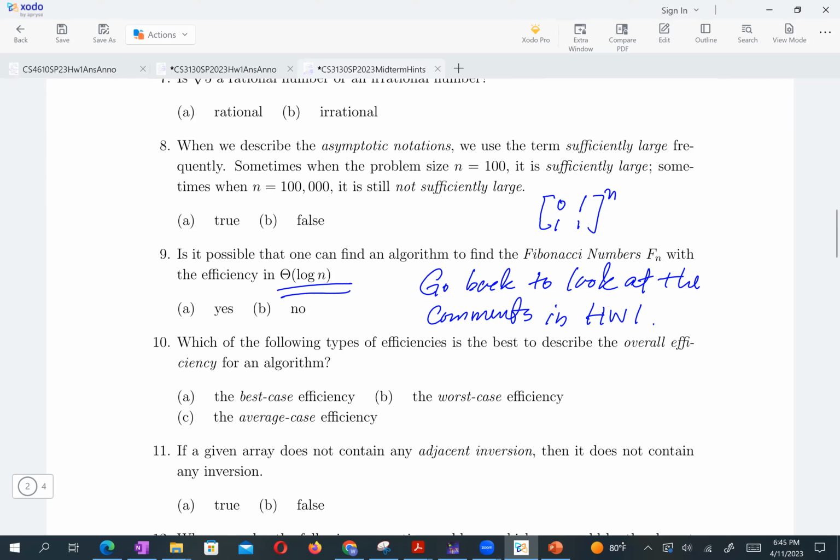That algorithm could give us a very special way to find the Fibonacci numbers.